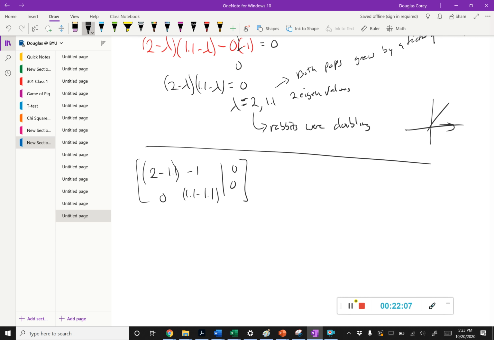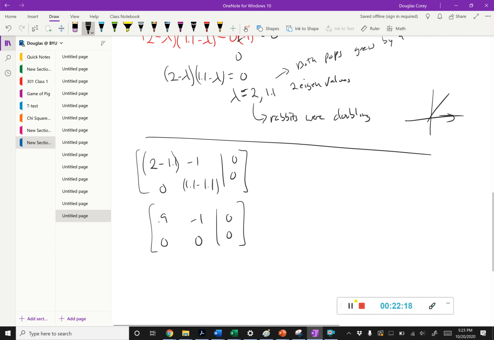So let's do the subtraction. Here I get 0.9, here I get -1, here I get 0, and here I get 0, 0, 0. I want that entry to be 1, so I'm going to multiply everything by 10/9. So I get 1, minus 10/9, 0, 0, 0, 0.